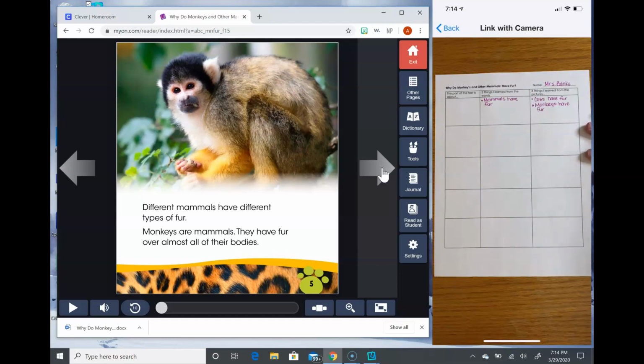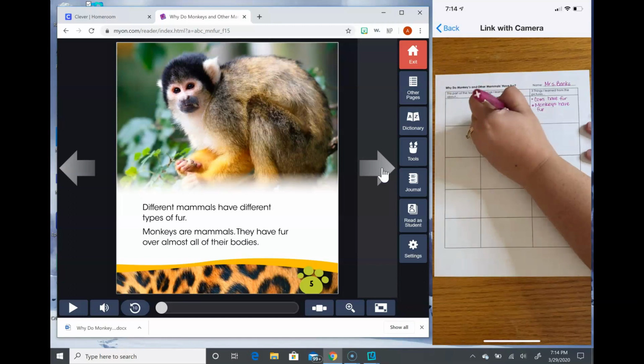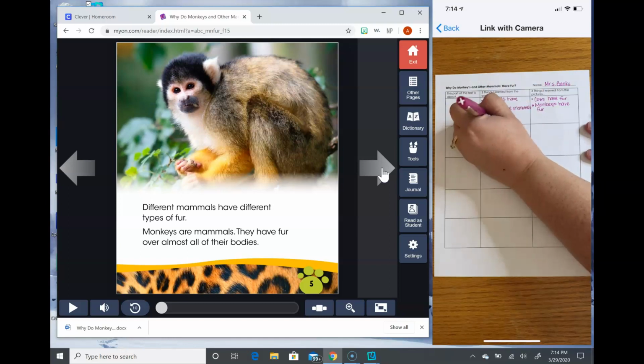So, you know what? I'm going to go ahead and write over here that monkeys are mammals that have fur.